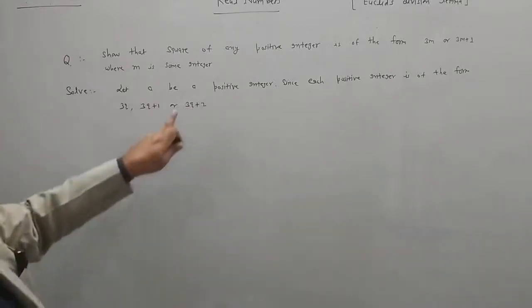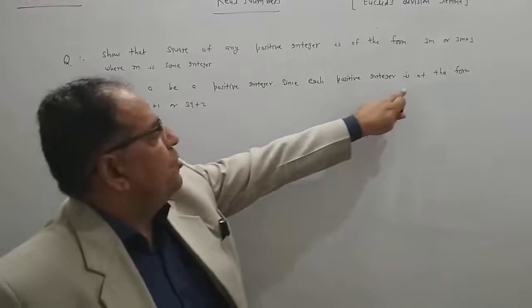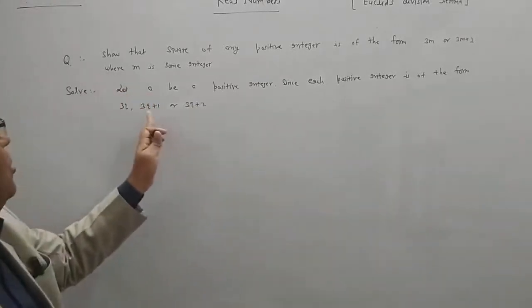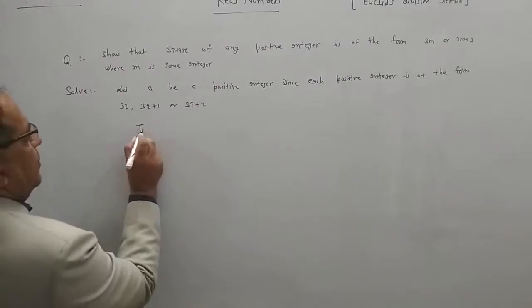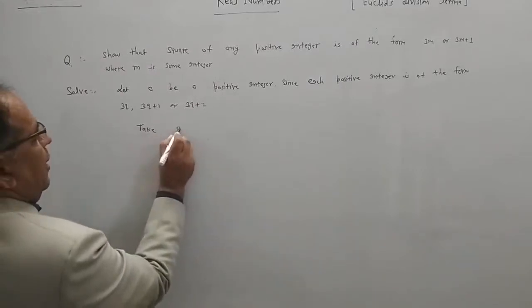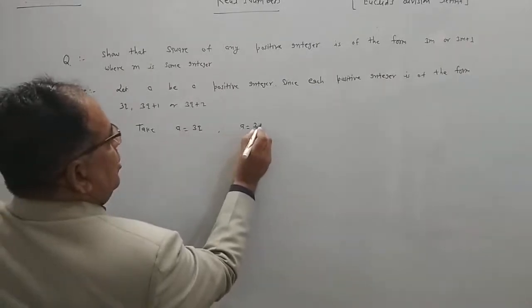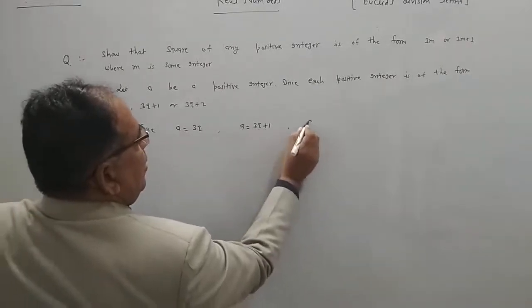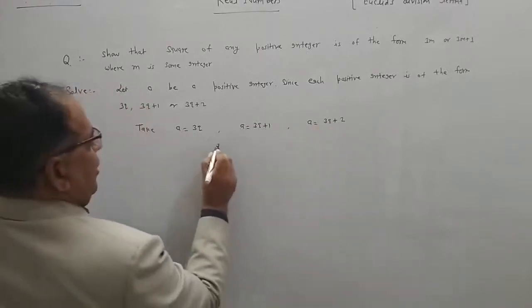In the previous question, we have already shown that each positive integer is of this form. So take a equal to 3q, a equal to 3q plus 1, a equal to 3q plus 2.